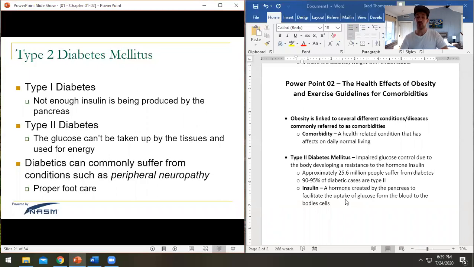A lot of times when you are suffering from type 2 diabetes, you might end up with another comorbidity referred to as peripheral neuropathy. Having excessive sugar in your blood, because that's the thing, it's like, wait, I'm supposed to have sugar in my blood. That's what gives me energy consistently.